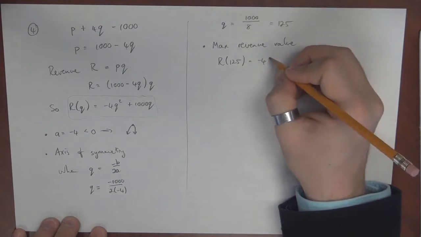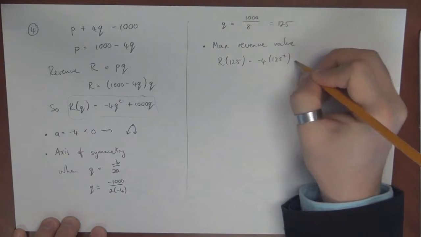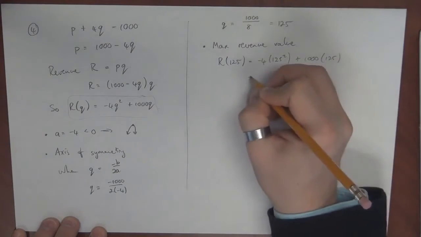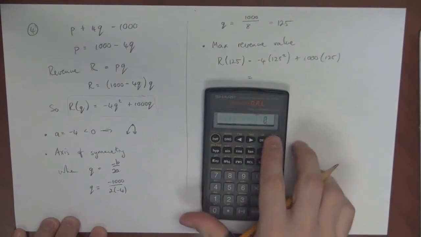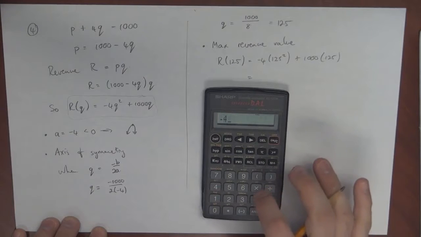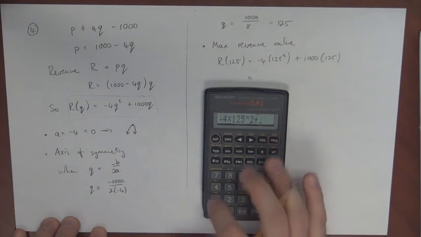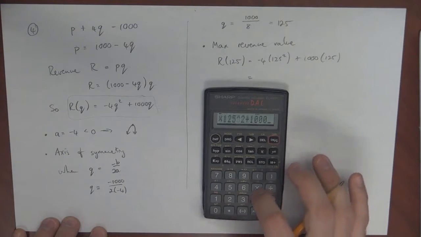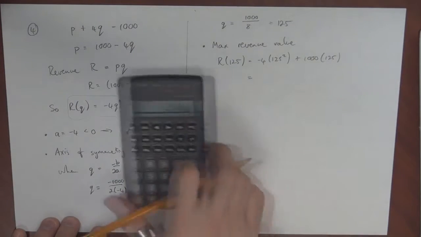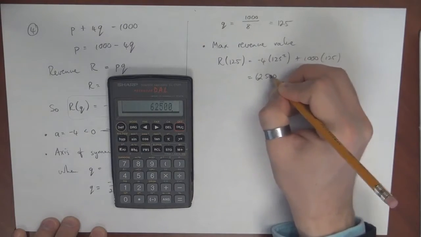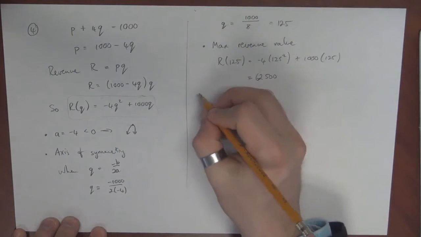Put it in for Q. And the calculator says negative 4 times 125 squared plus 1,000 times 125, and I get 62,500. Now just a little concluding sentence to wrap things up.